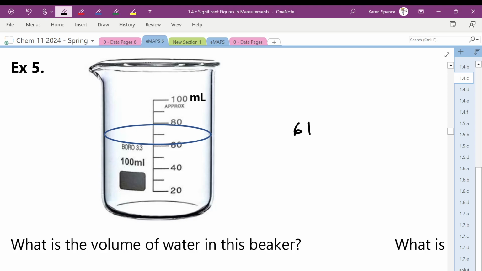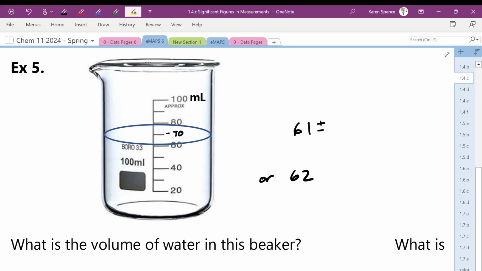Could anyone argue that it's 62? Yeah, it could be 62 because this right here is 70, right? So it could be 62. This is where you could do a plus minus thing. So if you wanted to include that uncertainty, you could say it's 61 plus or minus how much?